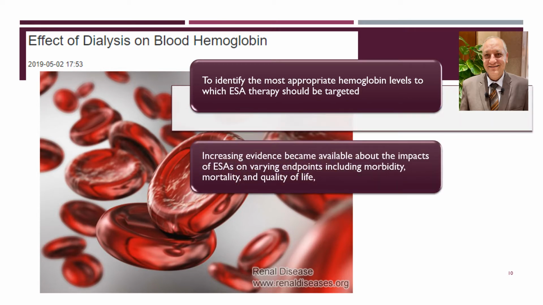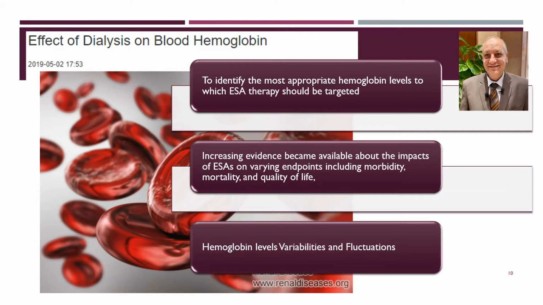There is increasing evidence available about the impact of ESA on varying endpoints, including morbidity, mortality, and quality of life, with the differences in hemoglobin variabilities and the fluctuation. This is a very important issue when you are using ESA and interchanging the doses or the brand by generics. You may have variabilities and fluctuations in the therapy.